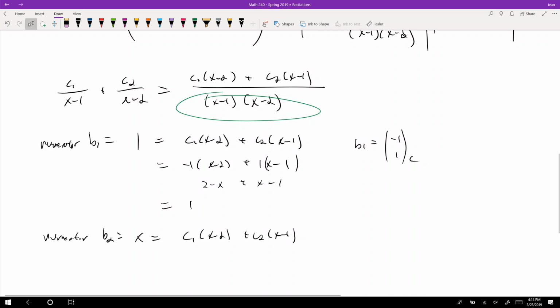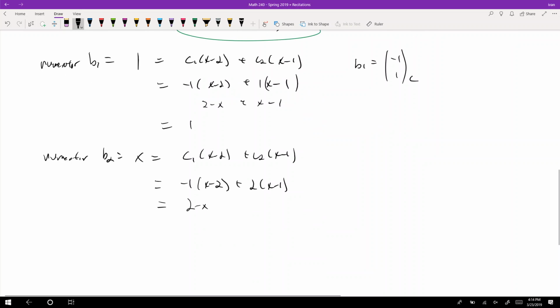Yeah, negative 1 and 2. If I get negative 1 times (x minus 2) plus 2 times (x minus 1), that's 2 minus x plus 2x minus 2. The 2 and negative 2 cancel out, and you get just positive x. So B2 is equal to negative 1, 2 in terms of basis C.